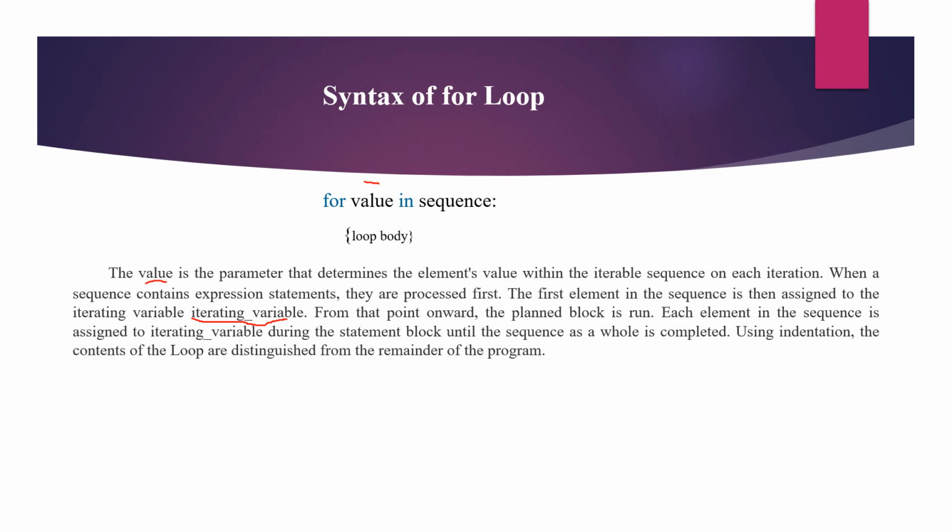From that point onwards, the planned block is run. Each element in the sequence is assigned to the iterating variable during this statement block until the sequence as a whole is completed. Using indentation, the contents of the loop are distinguished from the remainder of the program. Okay, this is the syntax of for loop.